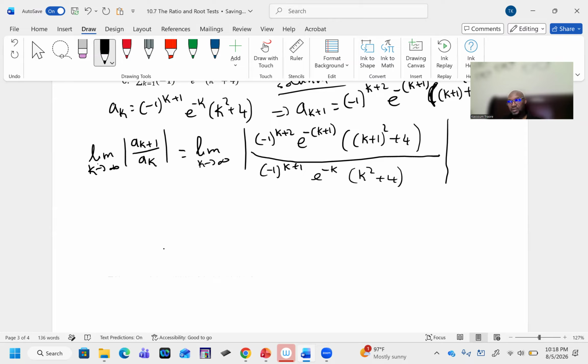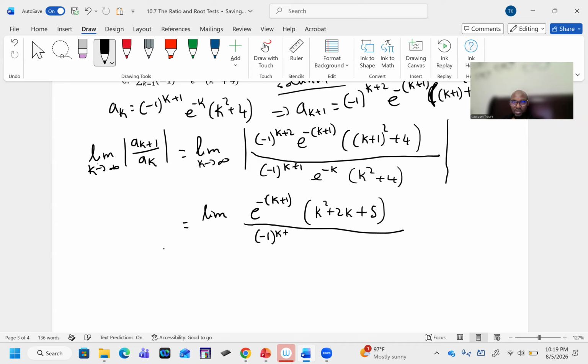So it will leave the limit of e to the power of negative (k plus 1) times, I'm going to distribute this k plus 1 squared, which will give me k squared plus 2k plus 1 plus 4, so that will become plus 5, divided by... oh, sorry, we cancel that.